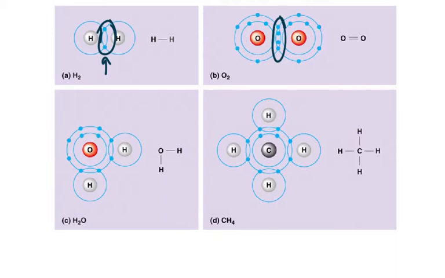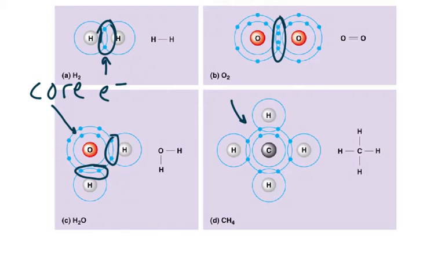And then you've got water, and you see the sharing taking place here. Now, notice that the sharing takes place with the outer energy level of each atom. The inner energy level, you can see over here with carbon, and also here with oxygen, those are known as core electrons. They don't really participate in bonding.